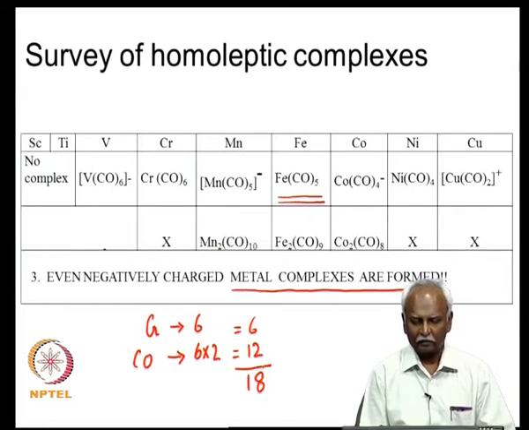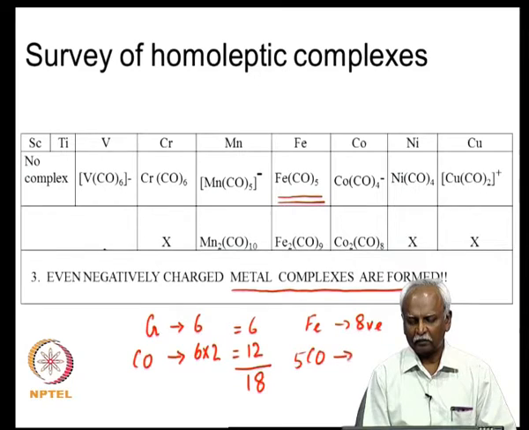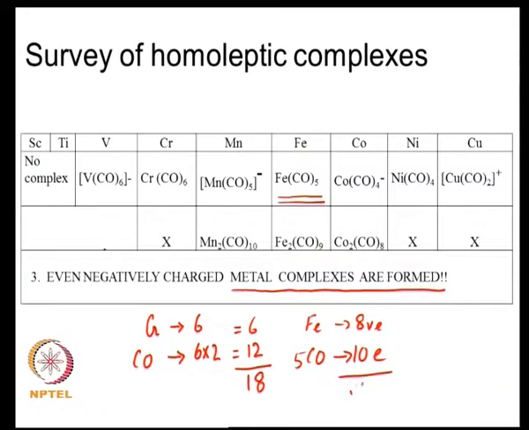If you take iron, iron will give you 8 valence electrons, and 5 carbon monoxides can give you a total of 10 electrons. So, again a total of 18 electrons are generated around the iron.